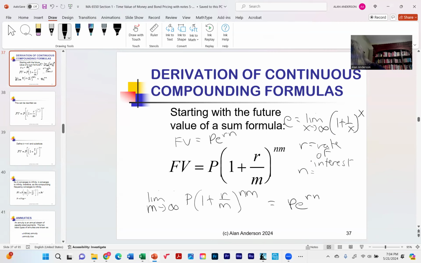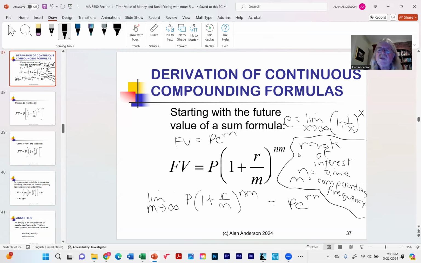N is the time, and M is the compounding frequency. So for example, if the interest rate is 8% per year and N is 5 years, M is the compounding frequency.